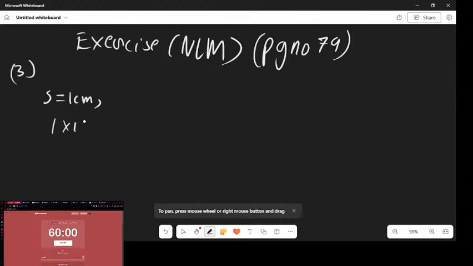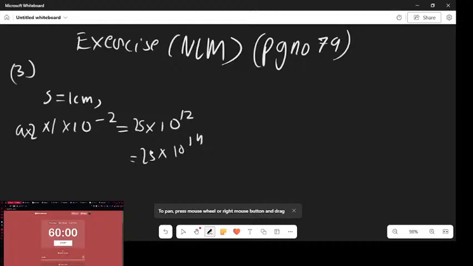Using the equation of motion, 1 into 10 to the power minus 2 is equal to half a t square, so 2 into a, and 25 into 10 to the power 12. This will be the acceleration, 25 by 2 into 10 to the power 14.